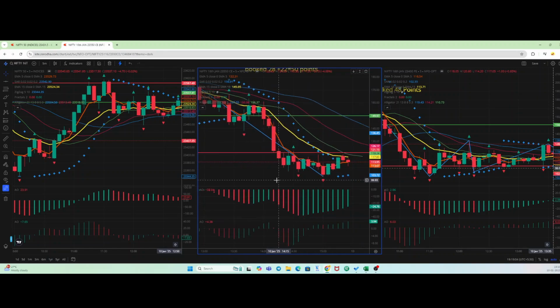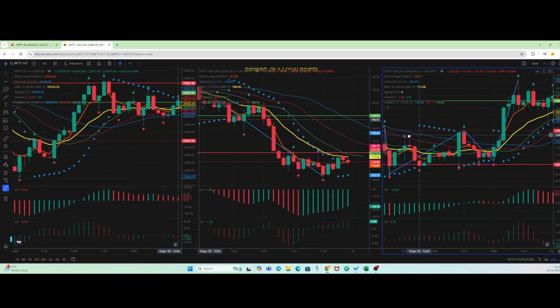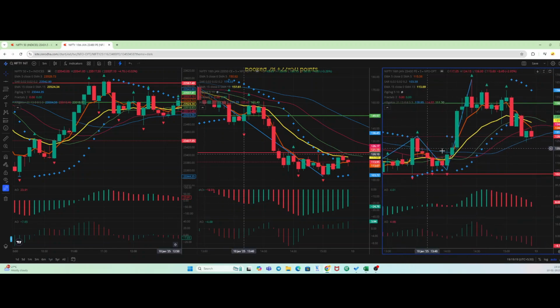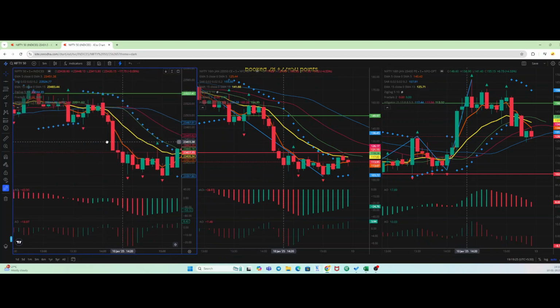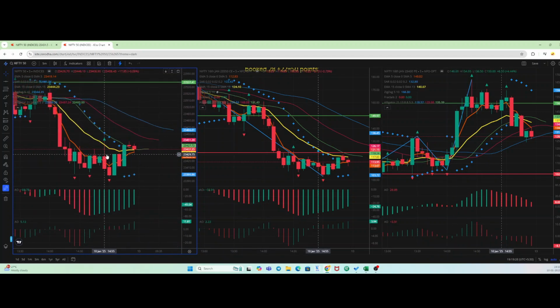Here further, if you see, I took this straight away. Then the stop loss got hit. Then further, if you see, there is no proper signal, and again what I did is the 3 o'clock signal here. Here if you see 23,400, 23,400 only, this 3 o'clock.